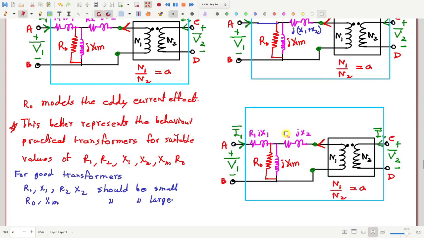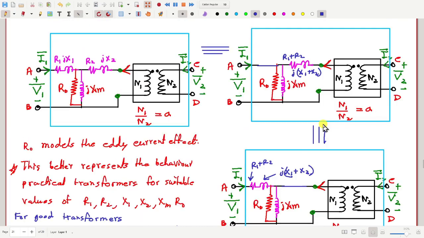I can also do this. I can take these right side impedances and put them on the left side. So this is R1 plus R2 and this is j(X1 plus X2). This will also be equivalent under the assumption.